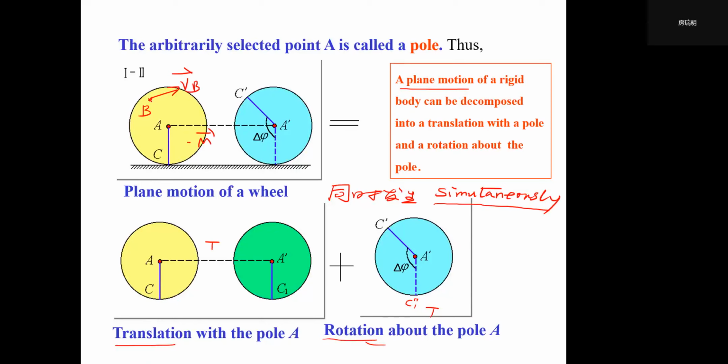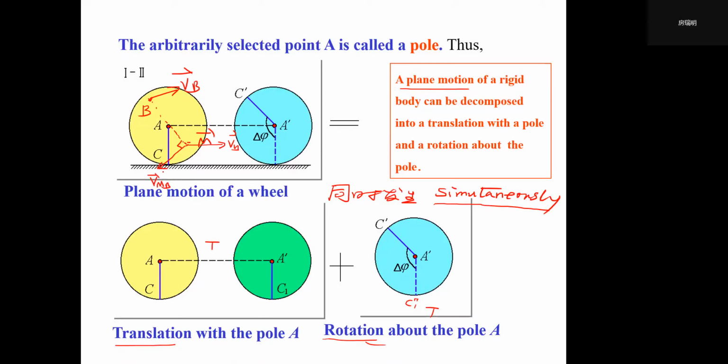We can first link this M. Because this VM will have two parts, one part is translation with VB, so it will have VB part. The second is it will have a rotation around the point B. So let's say it will be perpendicular to this link MB. So let's say this is VMB velocity.